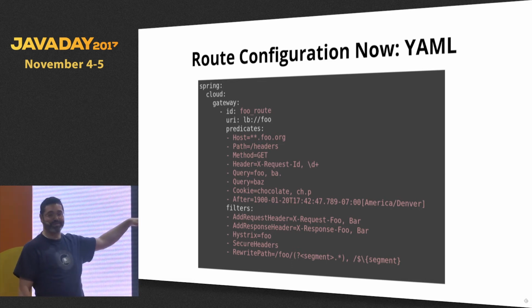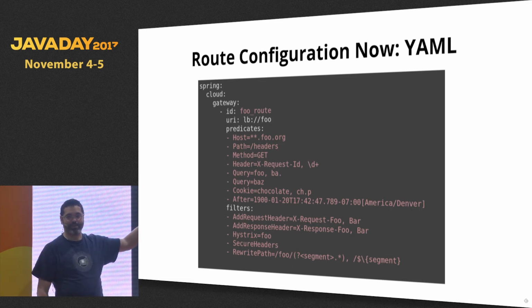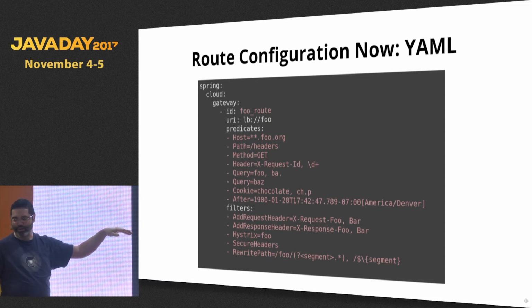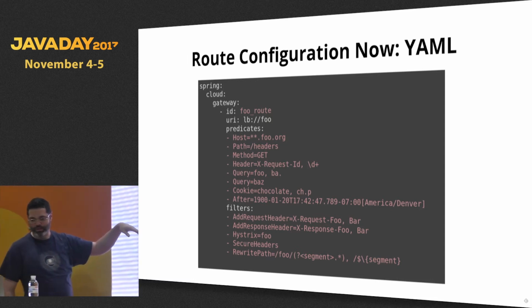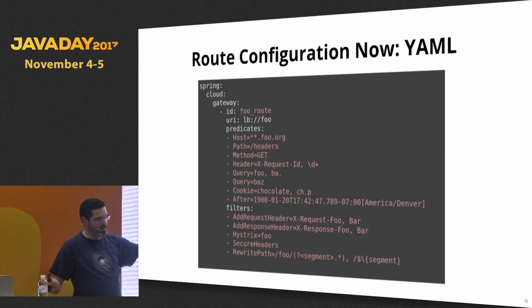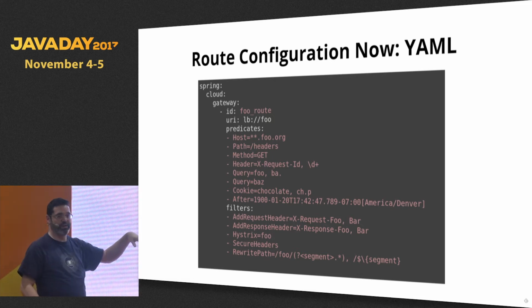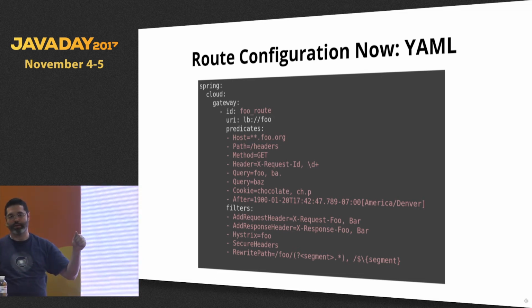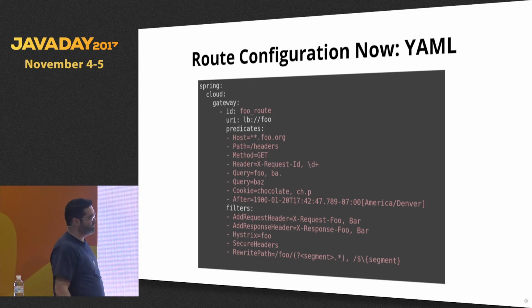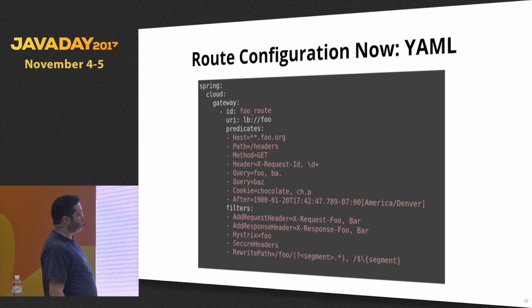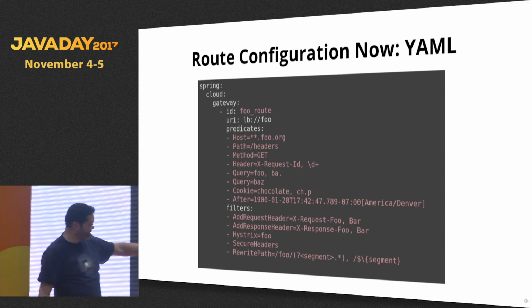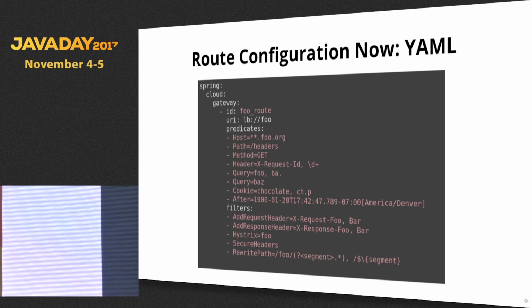All 8 of those predicates would have to match. Okay? And I'll show you a little bit later, but if you use the Java predicate definitions, you can then use the and, or, and not, so you can get a little more creative. And then here are all the filters that are applied to this given route.